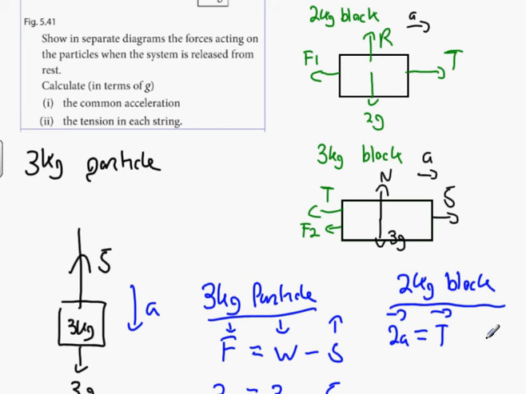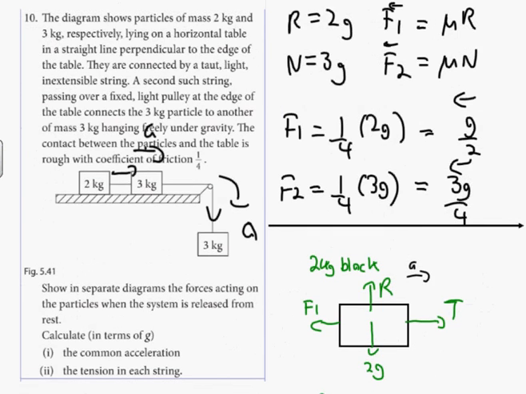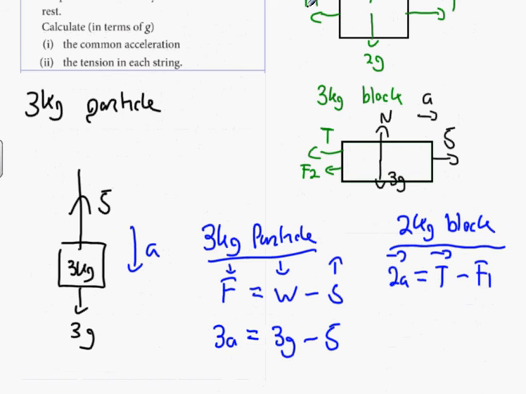What brings it to the left? F1. We also determined that F1 is G over 2. I'm not the biggest fan of fractions, so I'm going to get rid of them immediately. 4A equals 2T minus G.